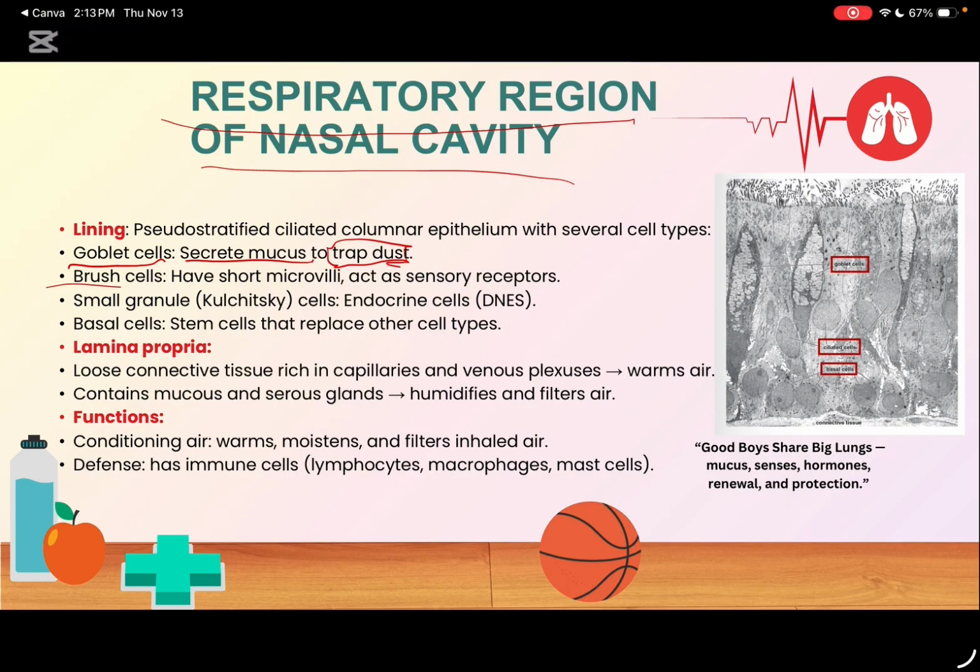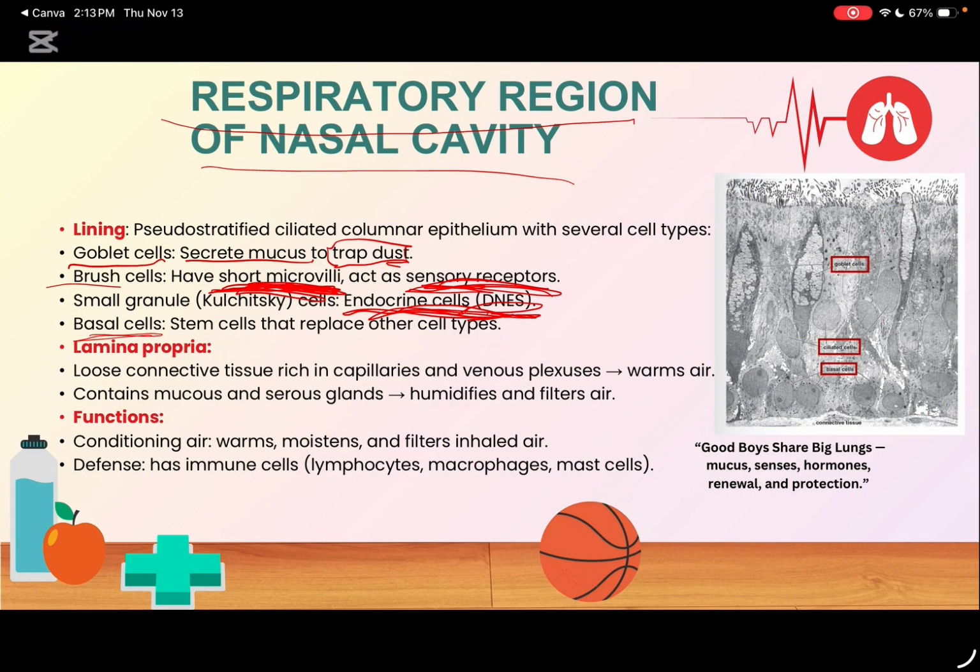Brush cells have short microvilli, and it's important to know that, and they can act as a sensor. The small granule cells secrete hormones, the DNES. The basal cells are stem cells that replace other cell types.